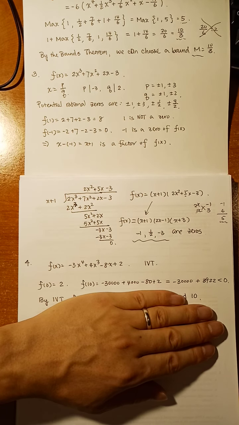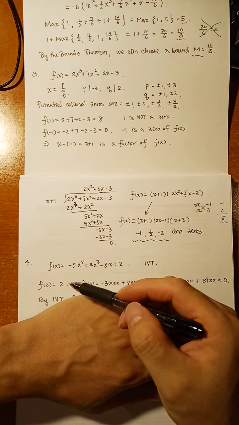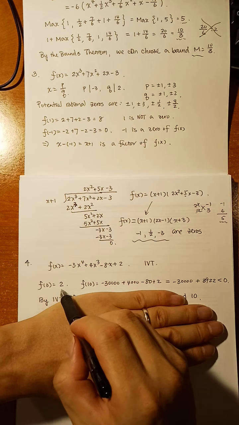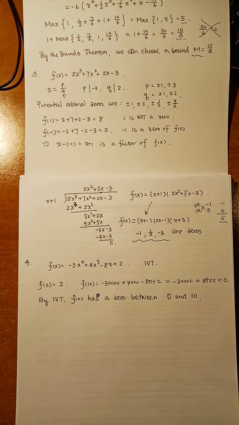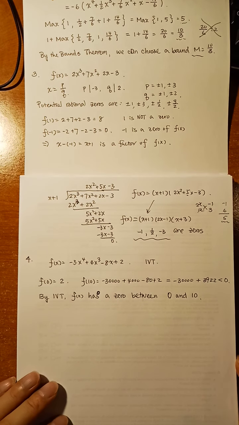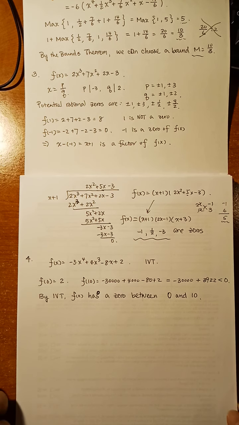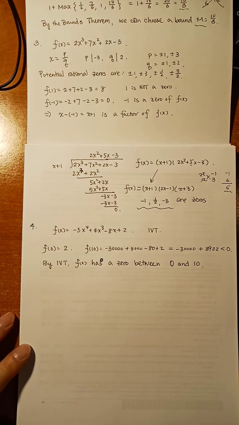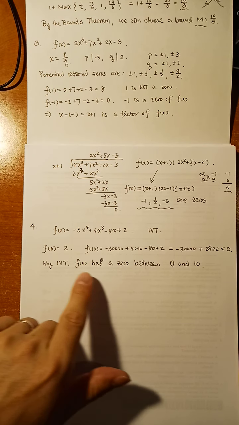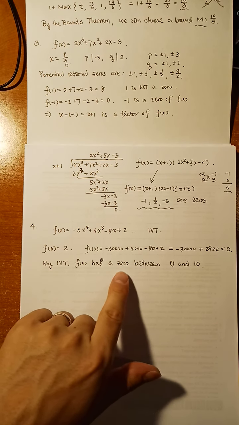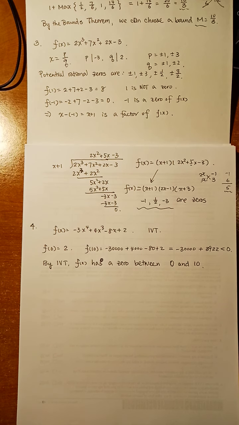What is the usage of them? The purpose is not to find a positive value and a negative value. The purpose is to find a 0. So you must write the last conclusion by the IVT: f(x) has a 0 between 0 and 10. That's the purpose. We're trying to find the zeros.